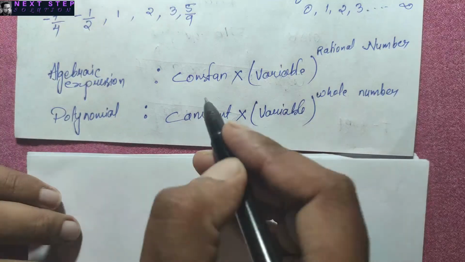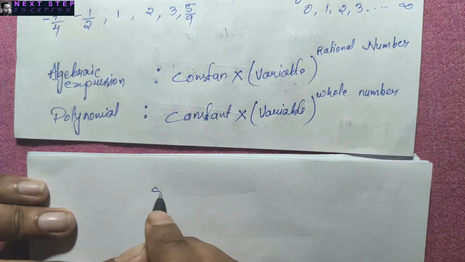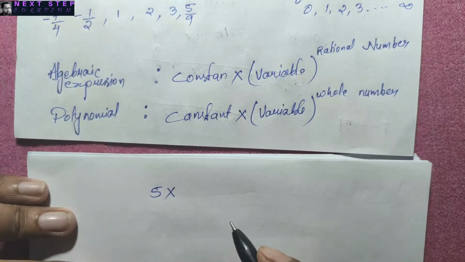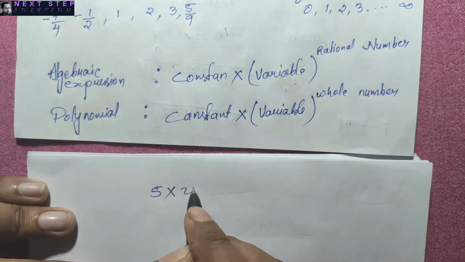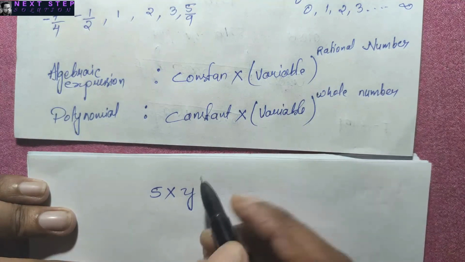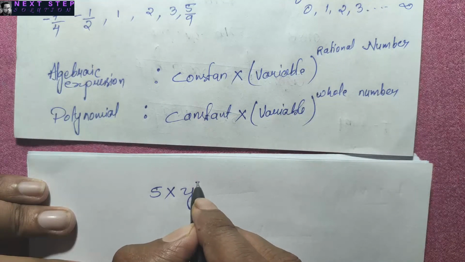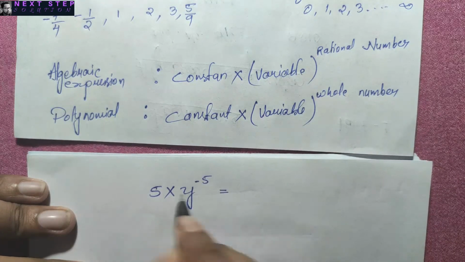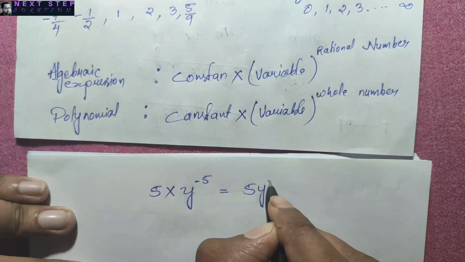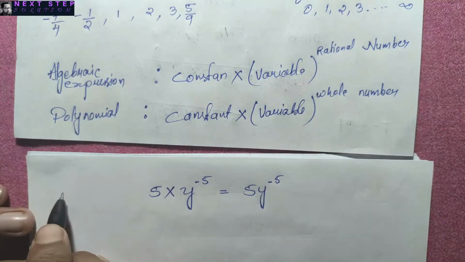Suppose the constant can be any number. If we take 5, then multiply it with a variable, say y, any alphabet, and then a rational number as its power. Rational number can be anything. I'll write minus 5. So this thing on simplifying becomes 5y to the power minus 5. This is an algebraic expression.